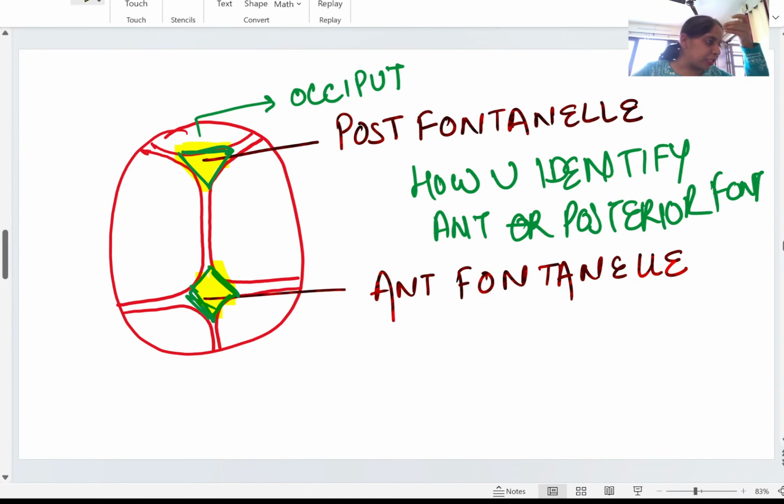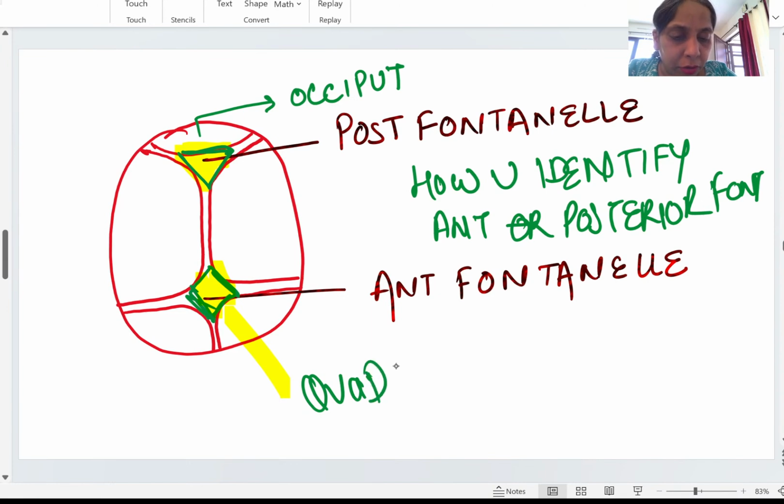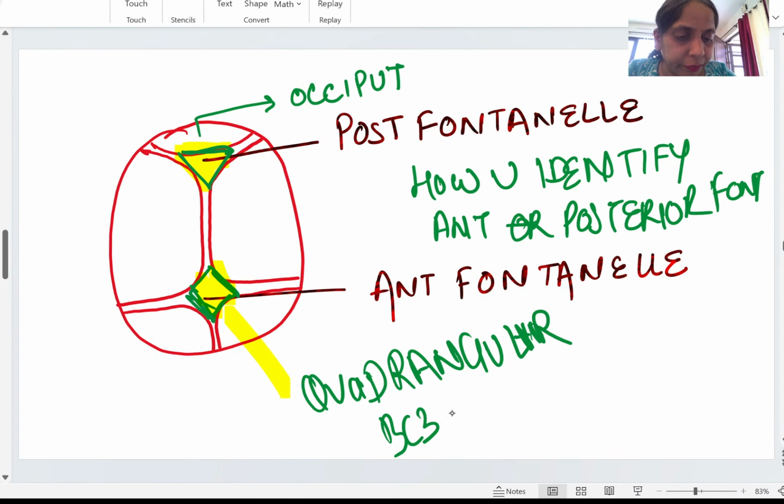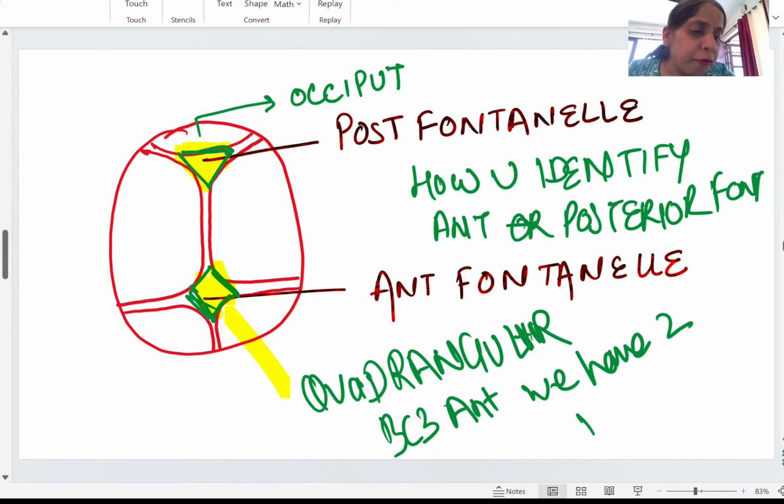Because in the front we have two frontal bones.